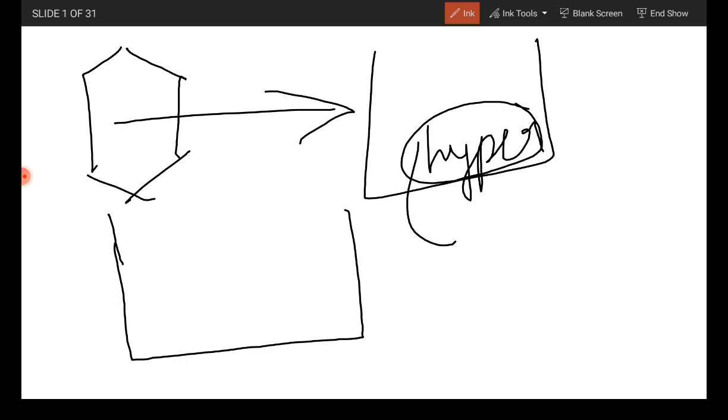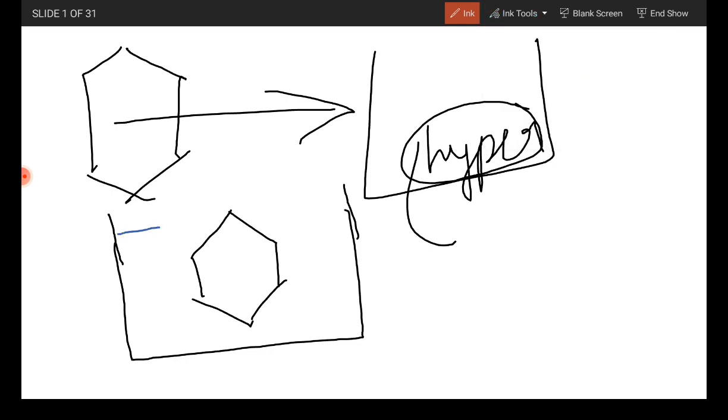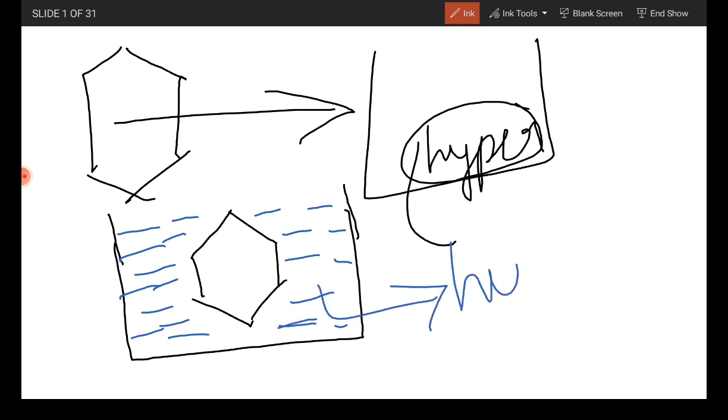Beaker. Let's draw a plant cell. Let's add some hypertonic solution. Consider these blue lines as hypertonic solution. So what will happen if a plant cell is placed in a hypertonic solution?